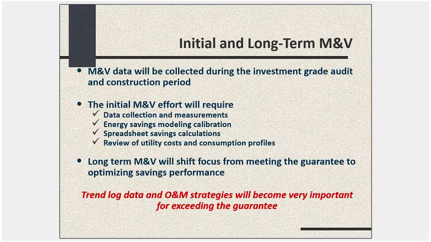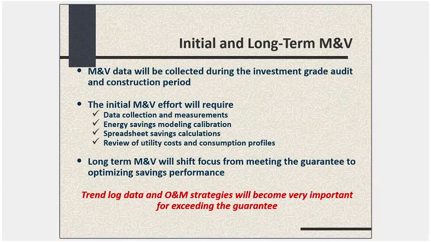Okay. Now, you'll make a shift, as Mark noted at the outset, once you actually have construction done, which I guess is probably on the order of 18 months in the future for you guys. You'll be shifting from meeting the guarantee, which you'll determine after the first full year of performance, to optimizing savings performance over time.